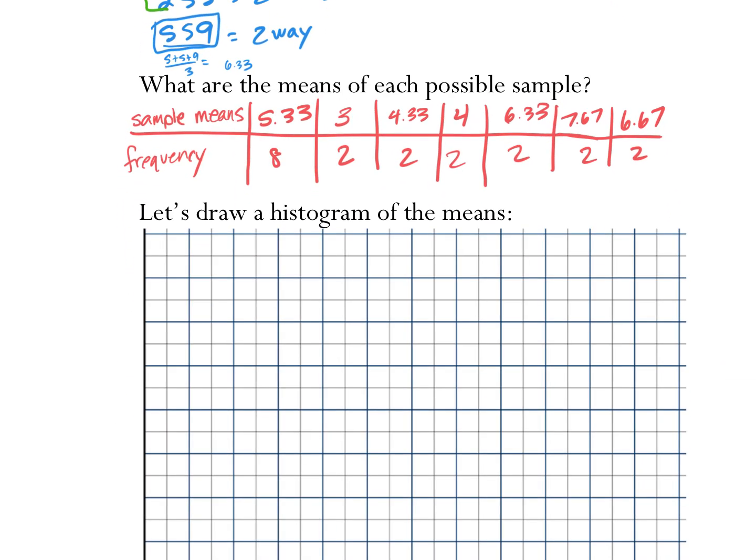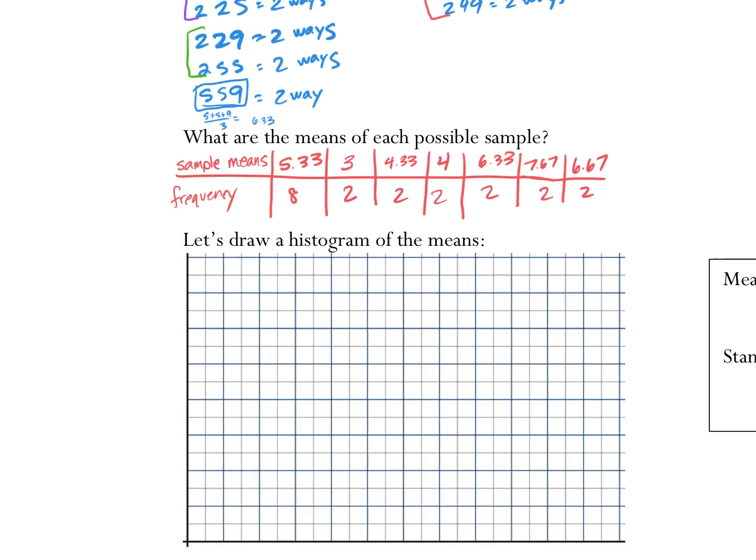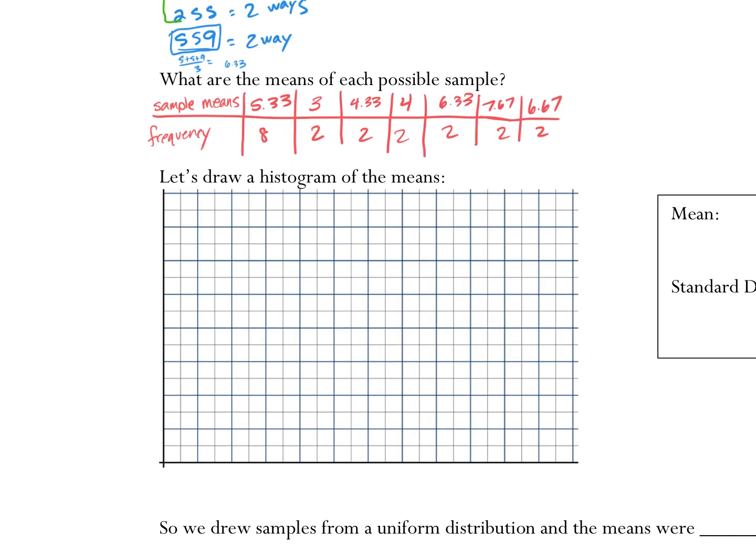All right. So the next thing we're going to do is build a histogram. So the x-axis would be our possible sample means and the frequency. And what I'm going to do is make my first bar go to 4.